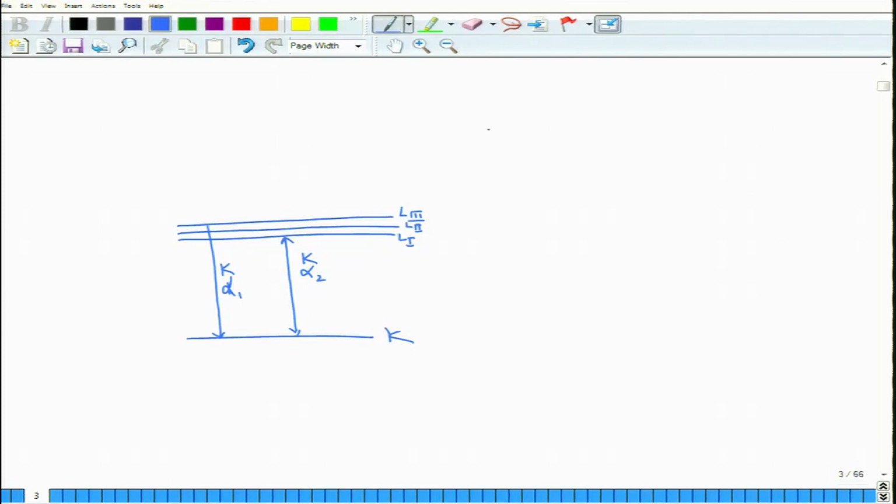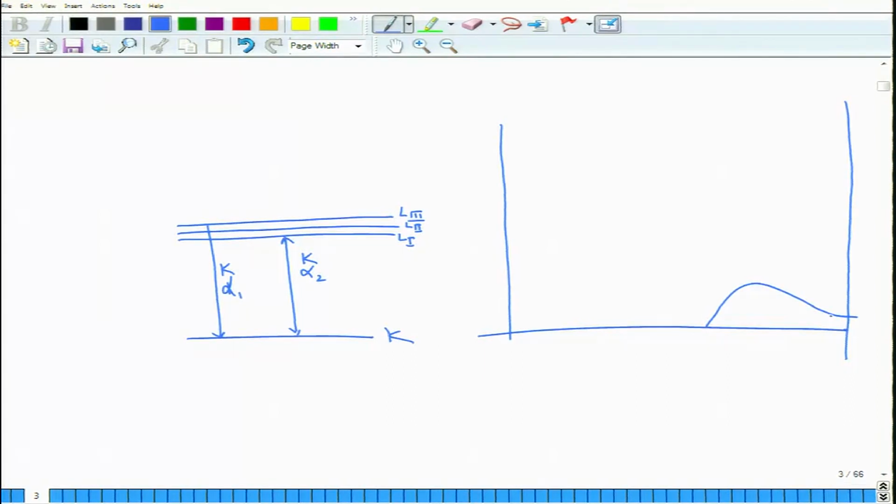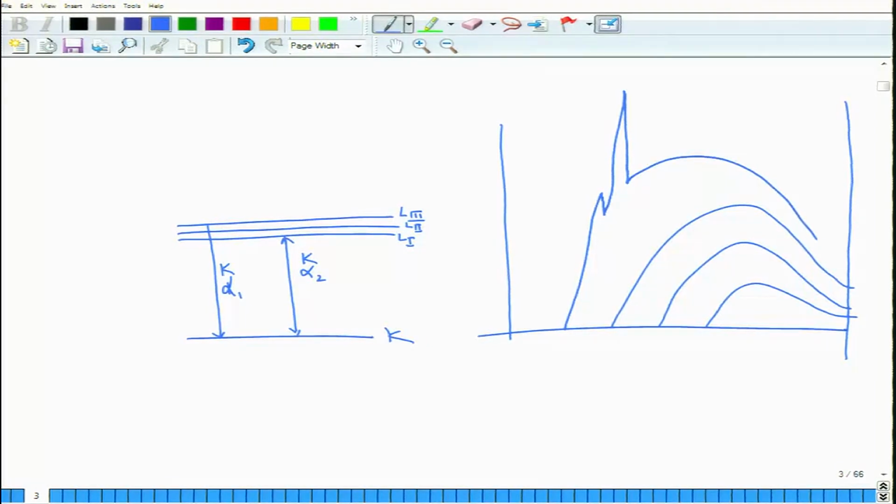Now we looked at the spectra after bombarding. The spectra vary in this fashion: this is lambda, this is intensity of radiation, and this is kV increasing.